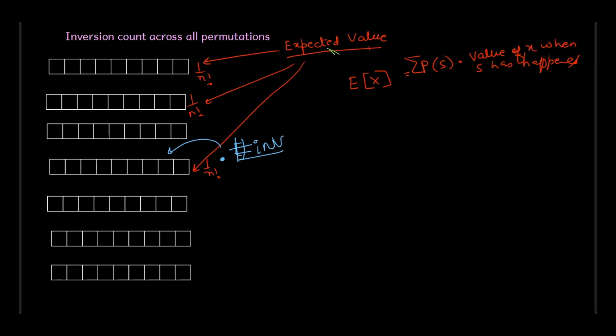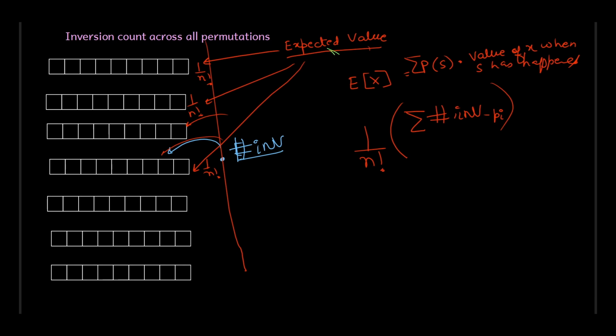So we don't know the number of inversions in this. But if you sum it all up, what will you get? You can take 1 upon n factorial as common, and you are looking at the summation of the inversion count in any particular permutation pi. And this technique we know how to solve. So this is the big idea behind expected value.